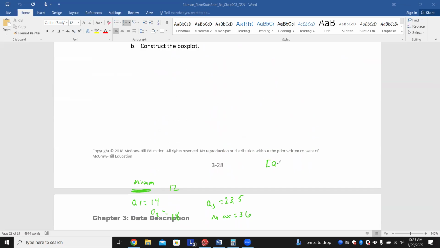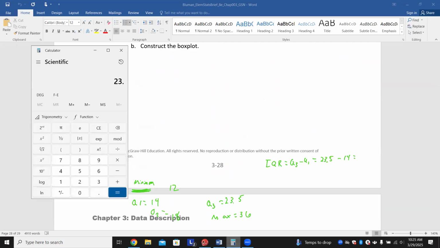One thing I do need to check. Let's find the IQR. I know it doesn't tell you to, but I think it's a really good idea. That's going to be Q3 minus Q1, which is 23.5 minus 14, so 9.5. Now I just want to find my upper and lower boundaries.